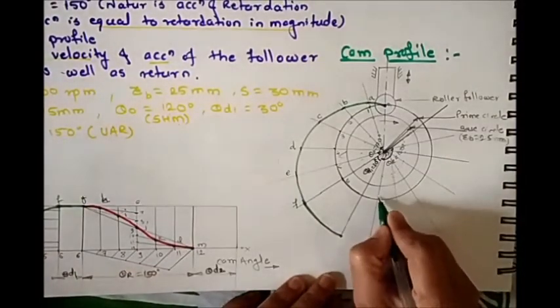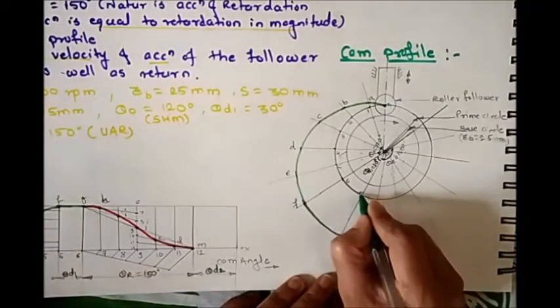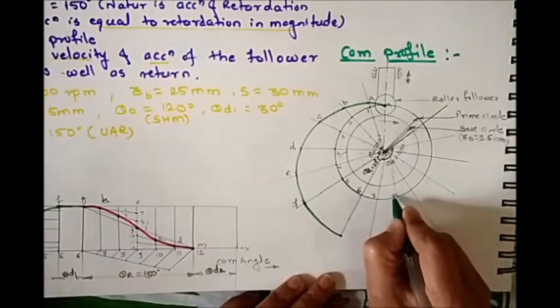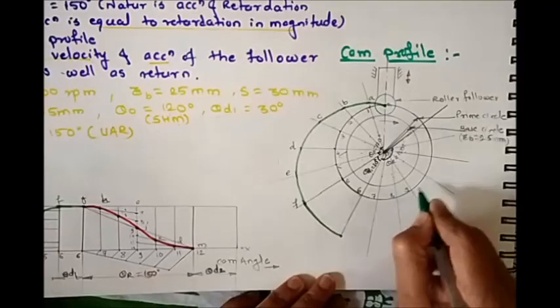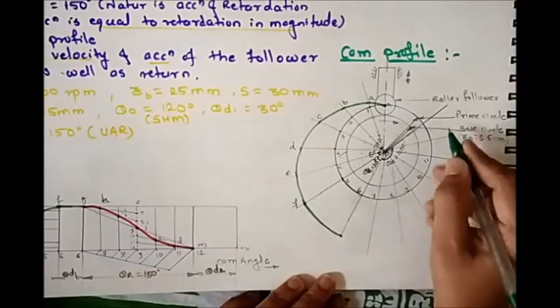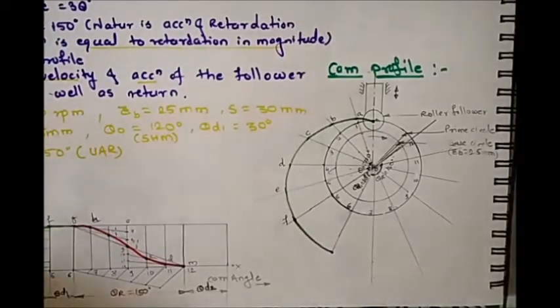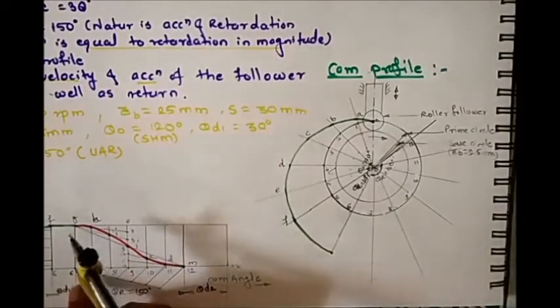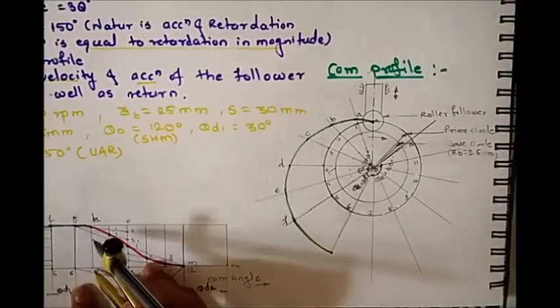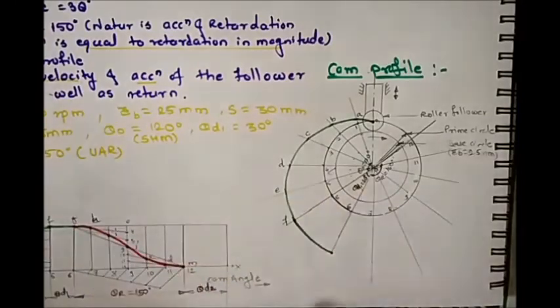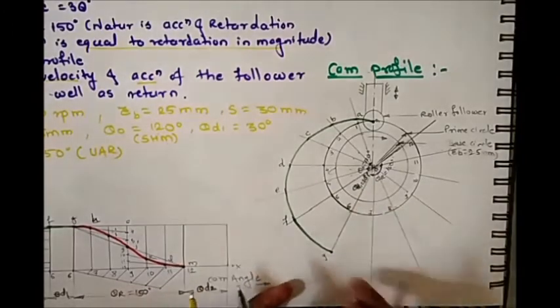Again, let's give the names. Point 6 is here, then 7, 8, 9, 10, 11, and last is the 12. Now just follow the same procedure that we did during the outstroke. Let's take the distance equal to that from point 7 to H, because we already got the point G right here on line 6.